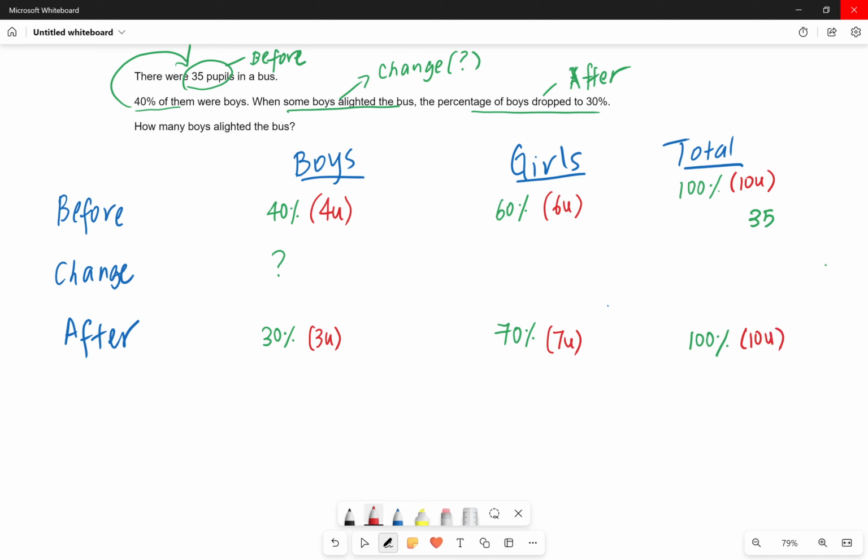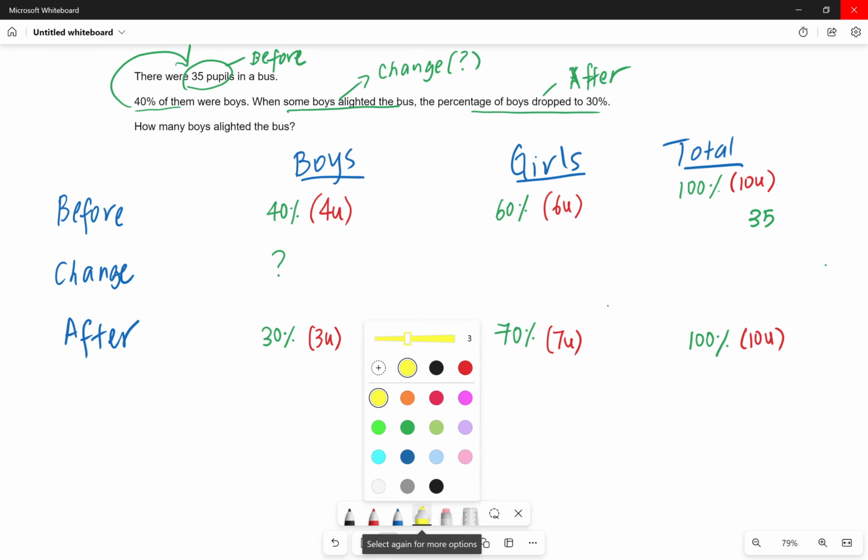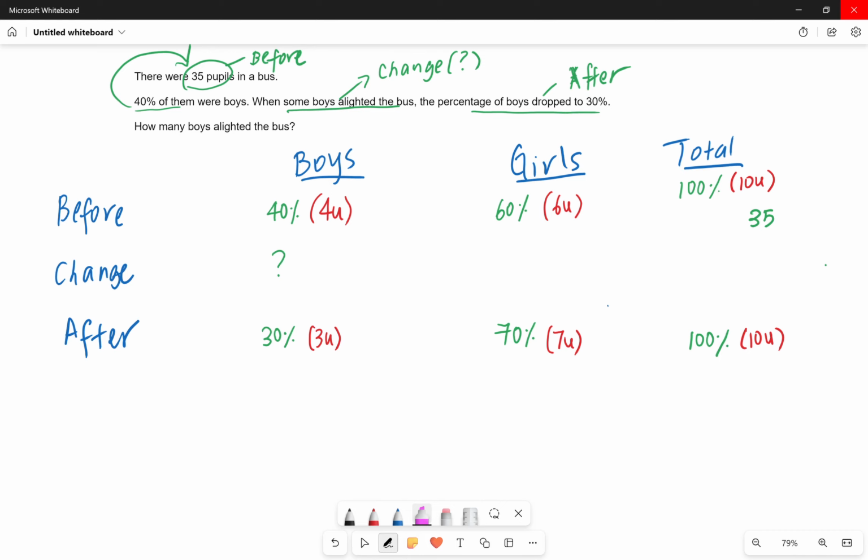Now the interesting part is to identify that the change only involved the number of boys. No girls alighted the bus. So therefore, we have to make the before and after information in the girls column the same. So how do we do that?